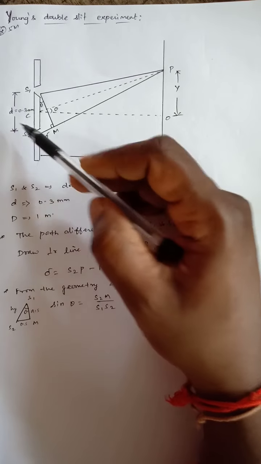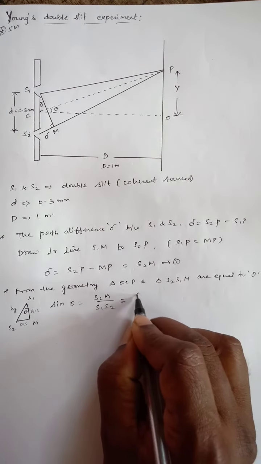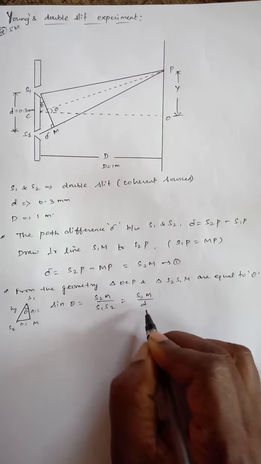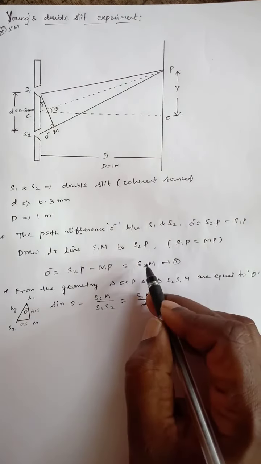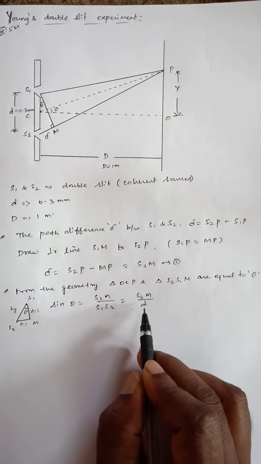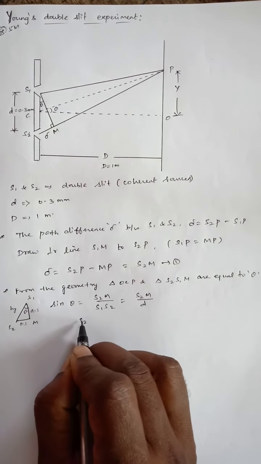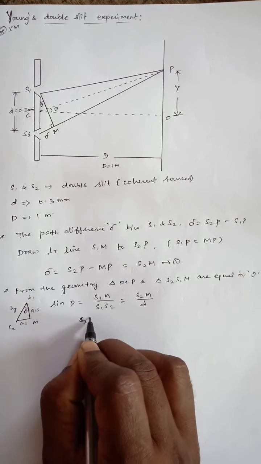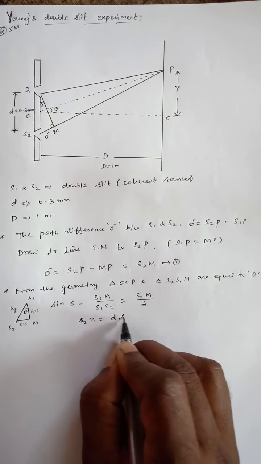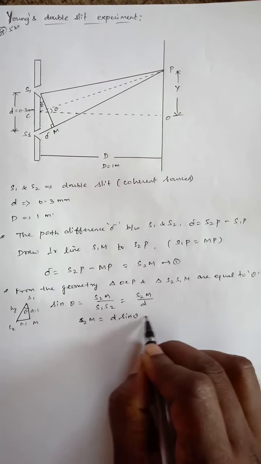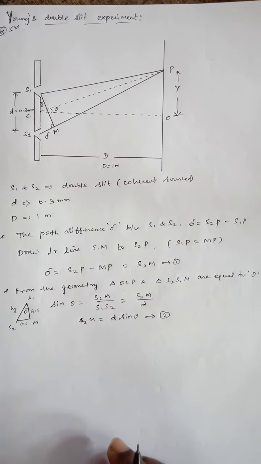Say D, the distance. So we will write S2M by D. You want S2M only, so S2M is equal to D times sin theta. Put the equation number 2.